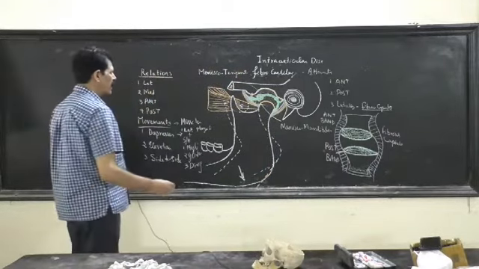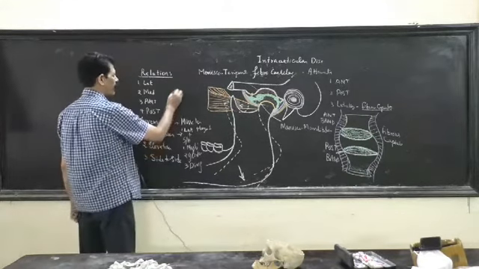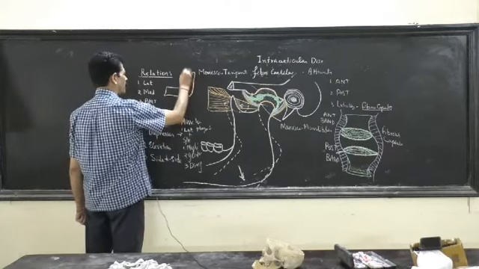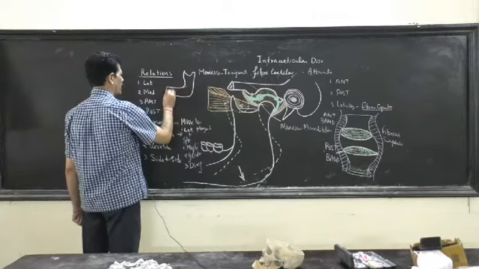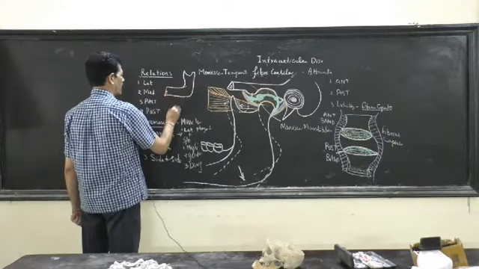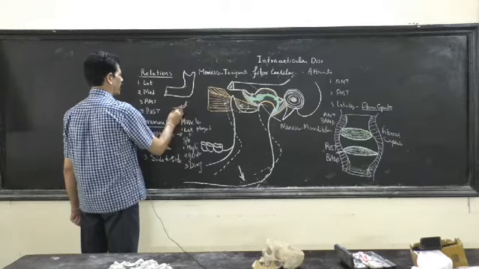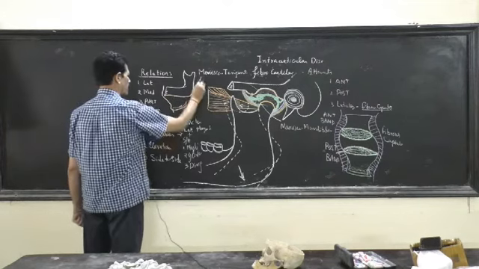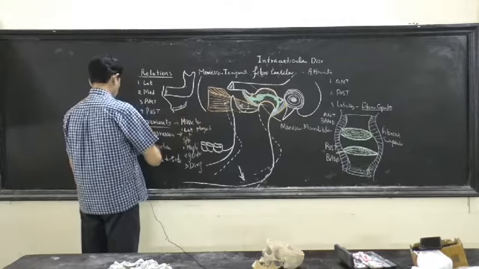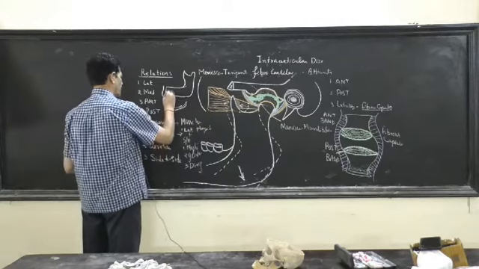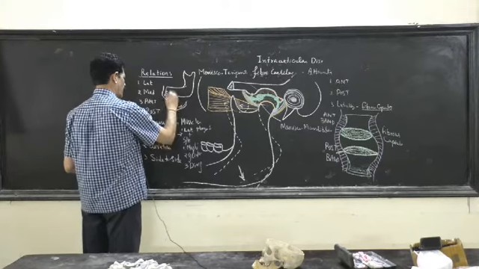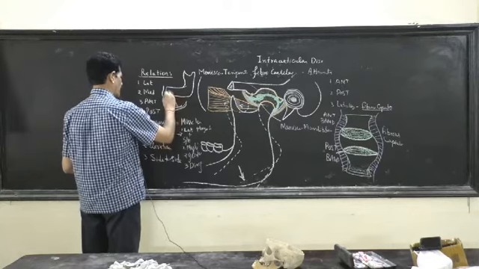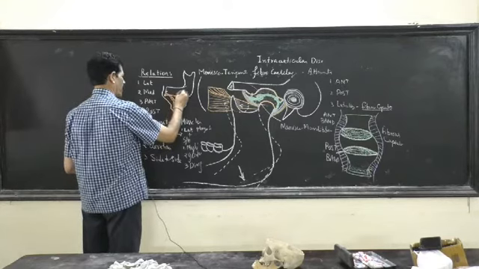Now these muscles also act with the hyoid bone and the chin. The muscle is the geniohyoid, from the genial tubercle to the hyoid bone, the digastric, and this is the mylohyoid line.